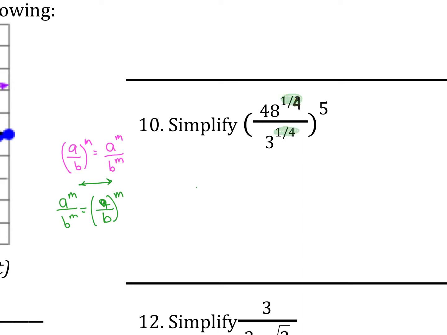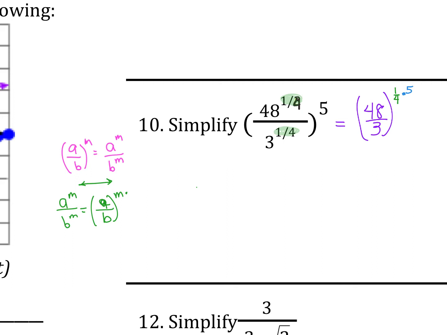So this is what we'll do. This will become 48 over 3, and I'm pushing that 1/4 to the outside. There's already an exponent there, so it's going to multiply with that 5.